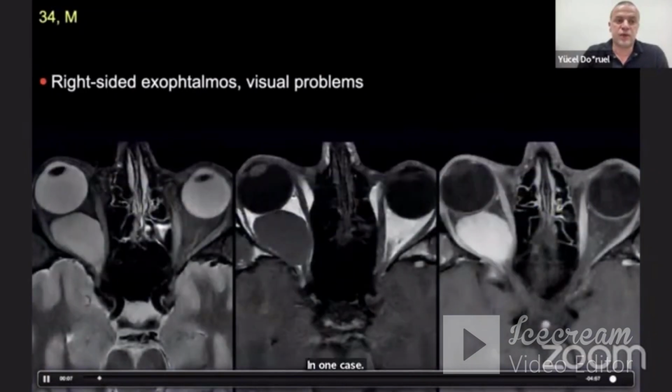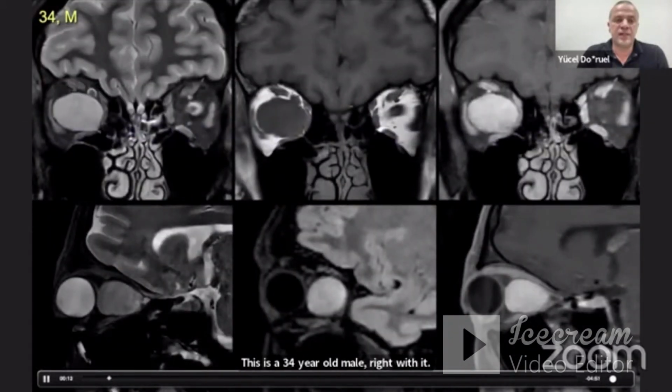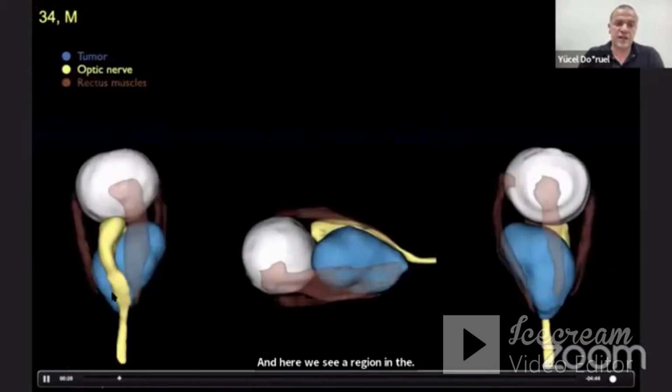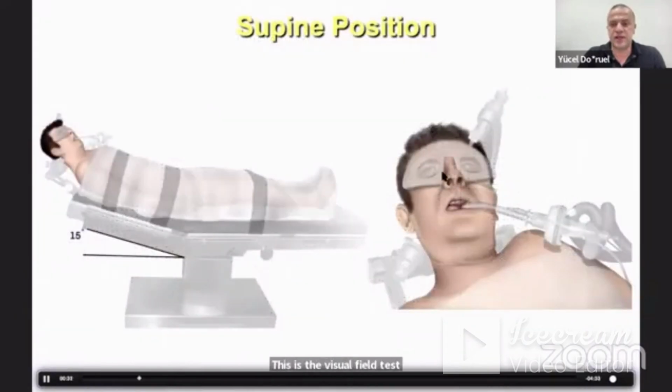This is a 34-year-old male with right-sided exophthalmos and visual problems. Here we see a lesion inferior to the optic nerve. This is a three-dimensional view from superior, lateral, and inferior views of the blue tumor. This is the visual field test on the affected side.